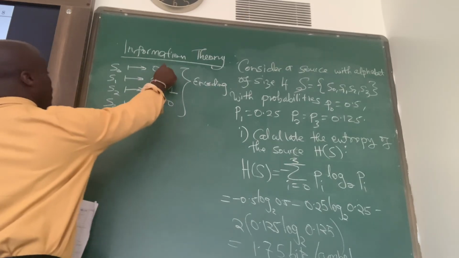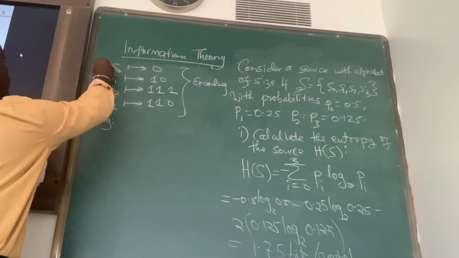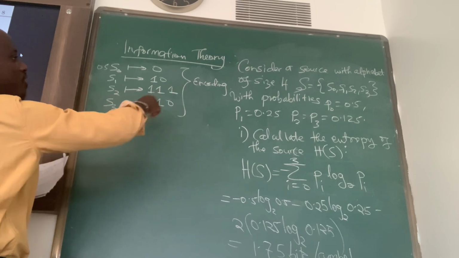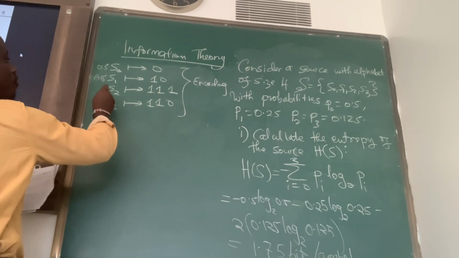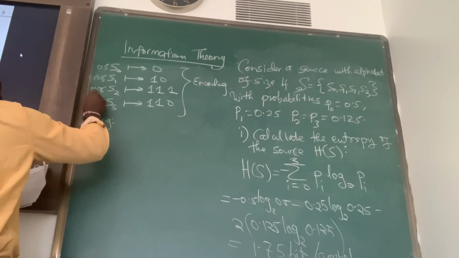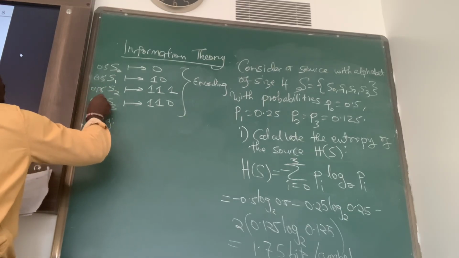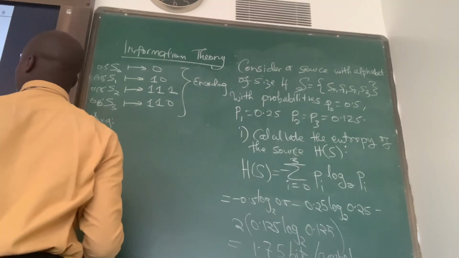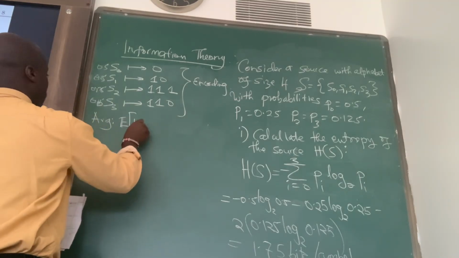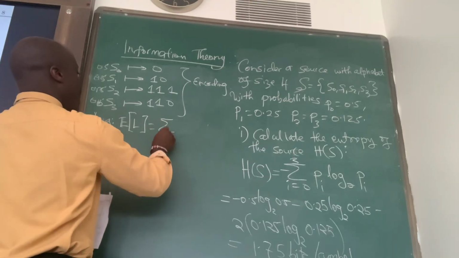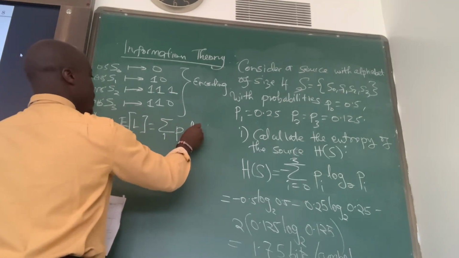We know the probability of this one is 0.5, the other one is 0.25, then these two, 0.125, 0.125. So the average, the expected length, is always given by Pi times li.